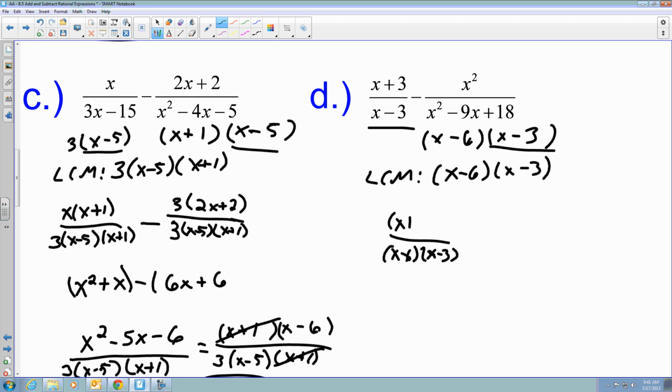So I'm going to do the same to my numerator. Minus, and I didn't change anything with my second one, so I'm just going to leave it as is.